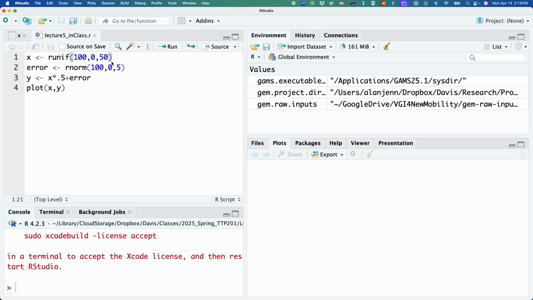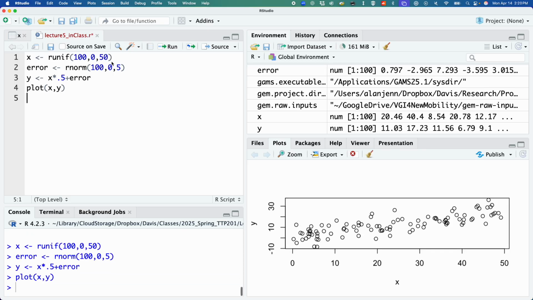Okay, so run. Here's our plot of x's and y's. And now what I'm going to do is add a single outlier. So I'm going to redefine x by combining x plus one more point.